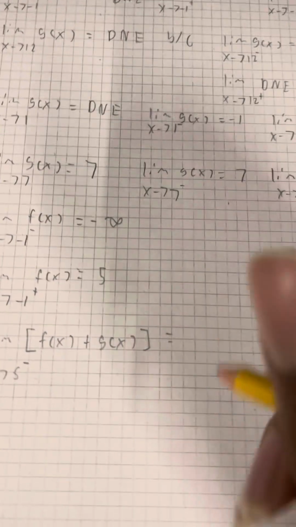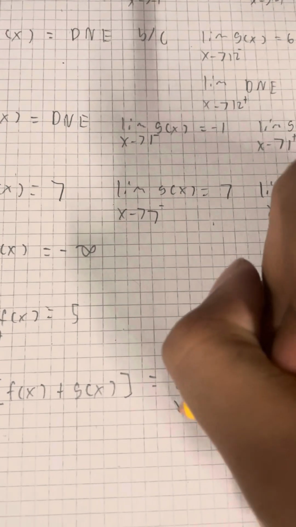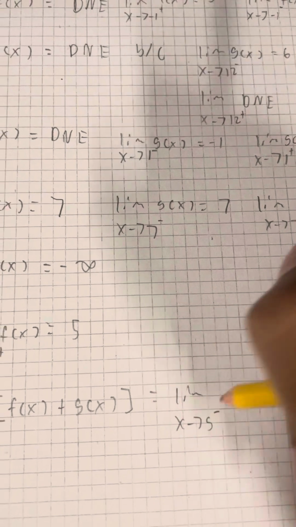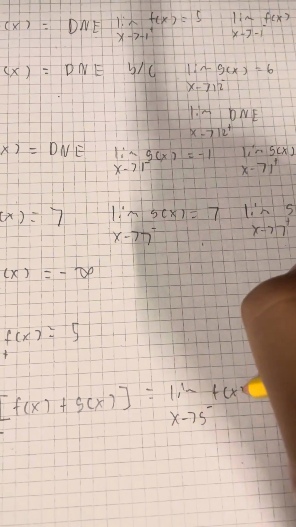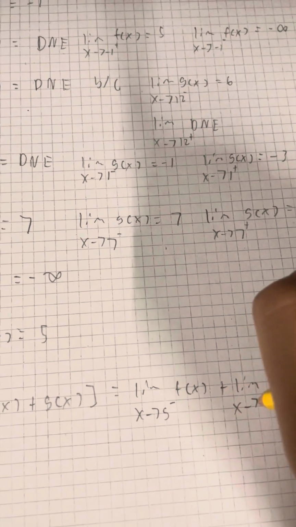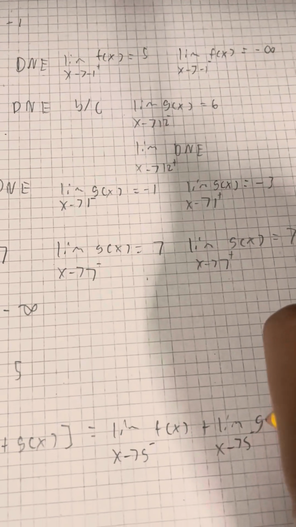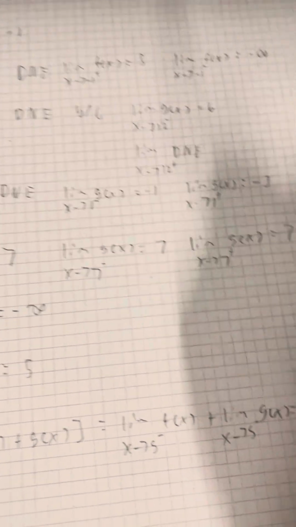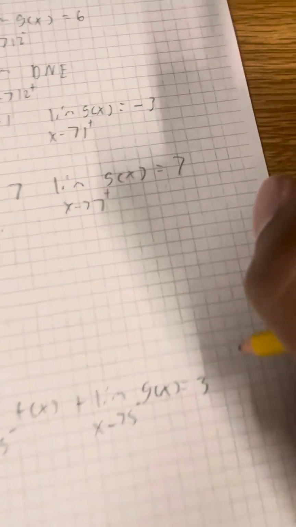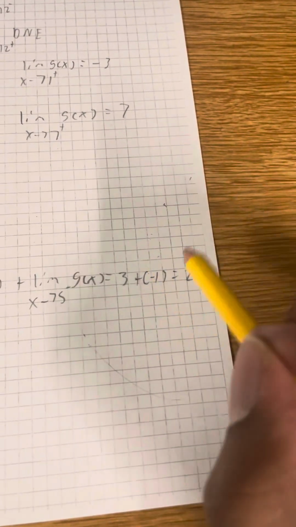This would equal, if we use our limit laws, limit of x approaching 5 from the left, f of x plus limit x approaching 5 from the left, g of x, which equals 3 plus -1, which is just 3 minus 1, which equals 2.